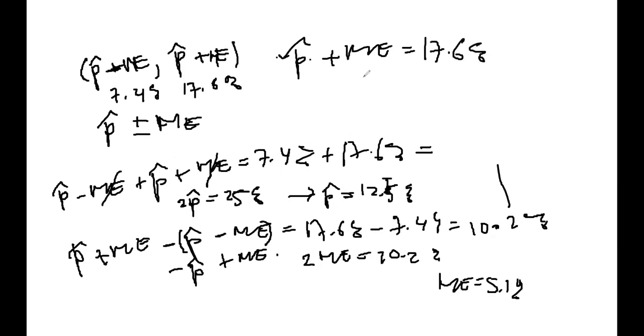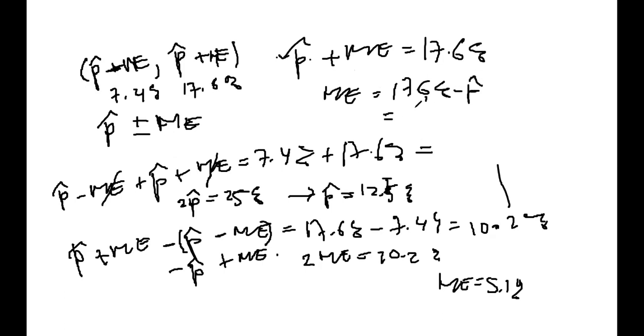17.6%, right? So in order to find the ME, you need to subtract 17.6% with the p hat, right?